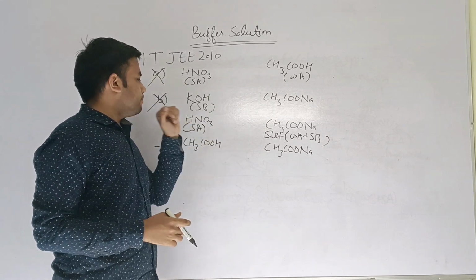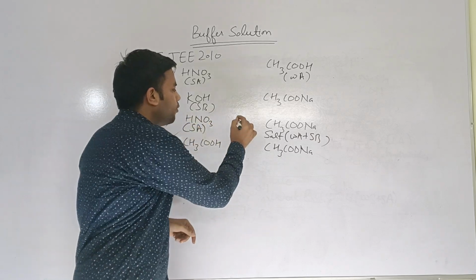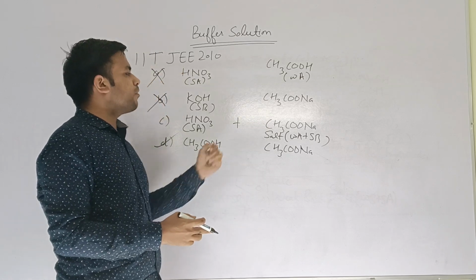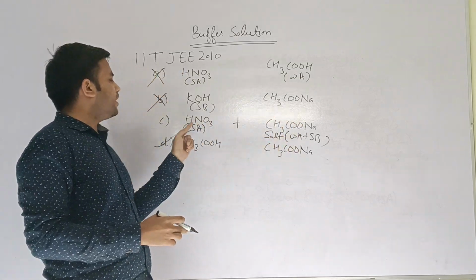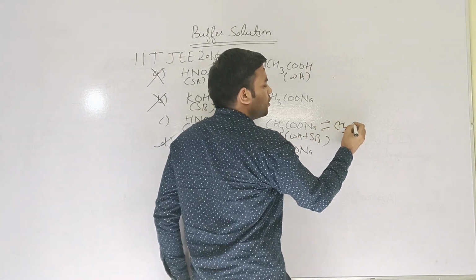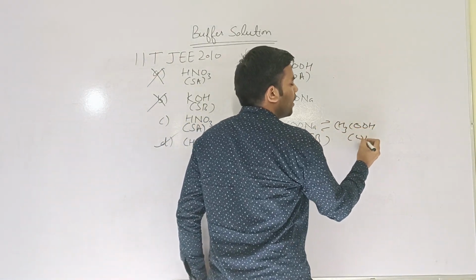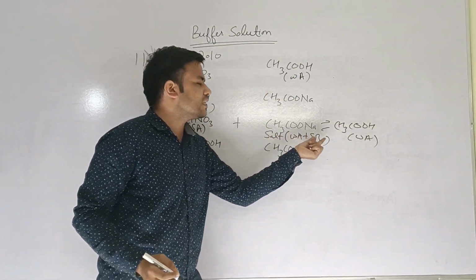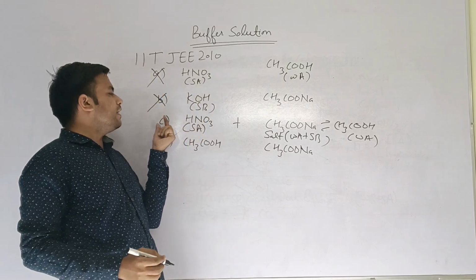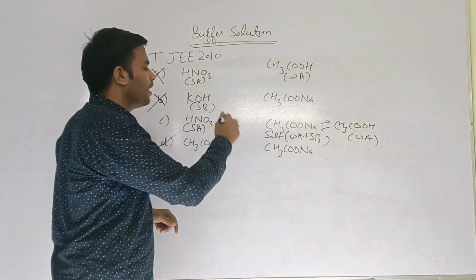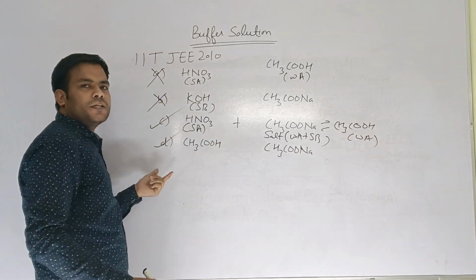Now let us do the reaction between HNO3 and CH3COONa. What will be formed? CH3COO minus will react with H plus, right? So what will it form? CH3COOH, right? Which is a weak acid. So we are having weak acid plus salt of weak acid with strong base. This is the indirect method of preparation of acidic buffer. So this will also be the right answer. C and D will be the right answers.